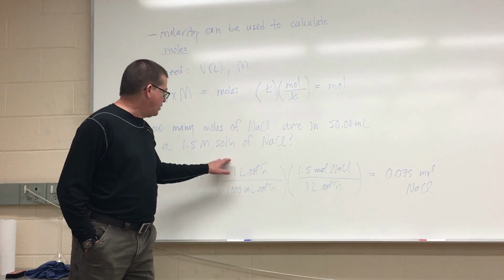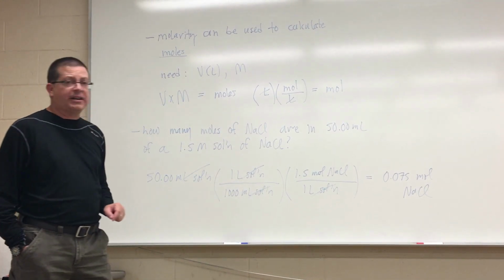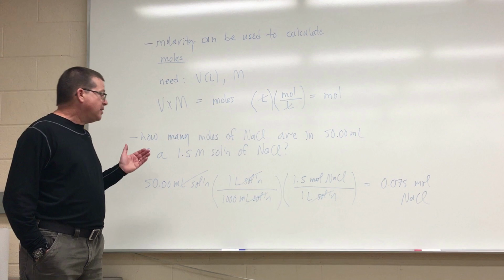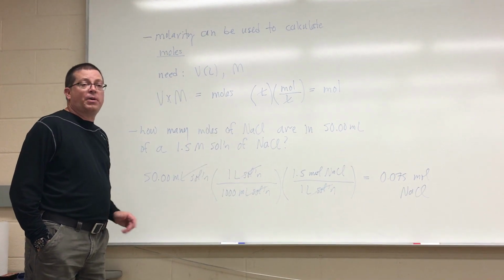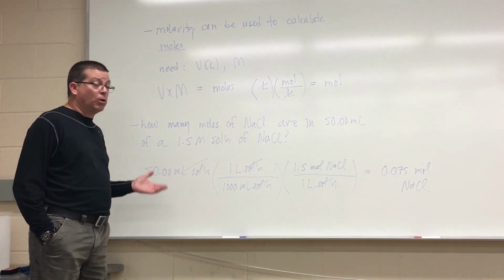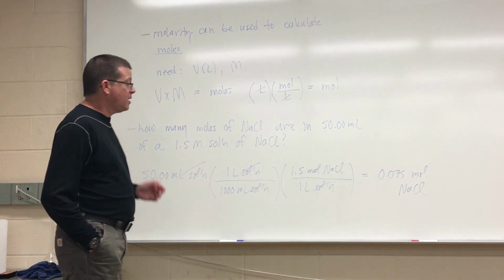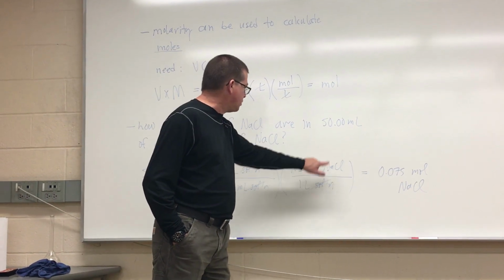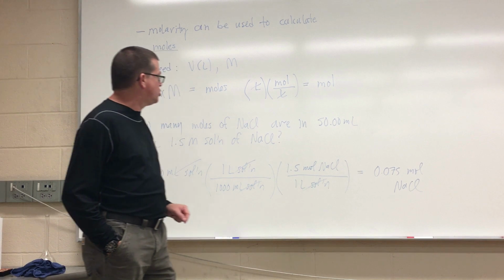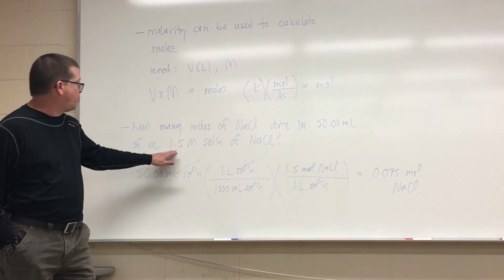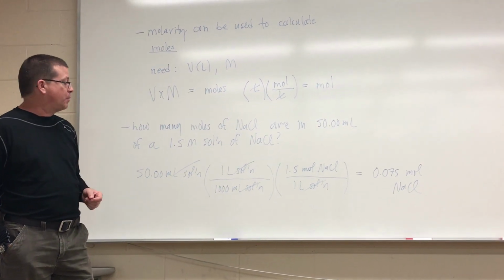In 1 liter of solution, I've got 1,000 milliliters of solution. Now that I've got liters on top, I can multiply that by molar concentration, or molarity. So I've got 1.5 moles of sodium chloride per 1 liter of solution. That's the definition of a 1.5 molar solution of sodium chloride.